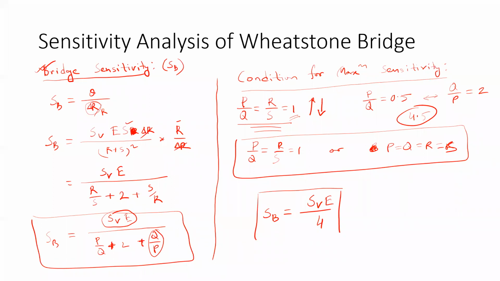And while you are doing any math, if you see that the question gives you values such that any one of these conditions are satisfied, then you can directly use this formula to calculate the bridge sensitivity. Otherwise, if this condition is not satisfied, then in order to calculate bridge sensitivity, you should use the generalized one.